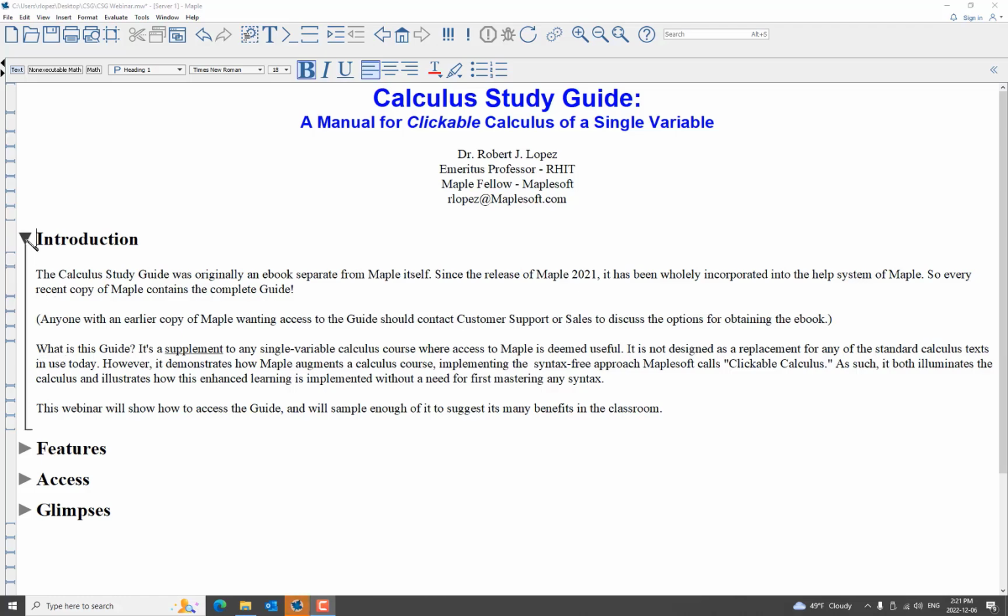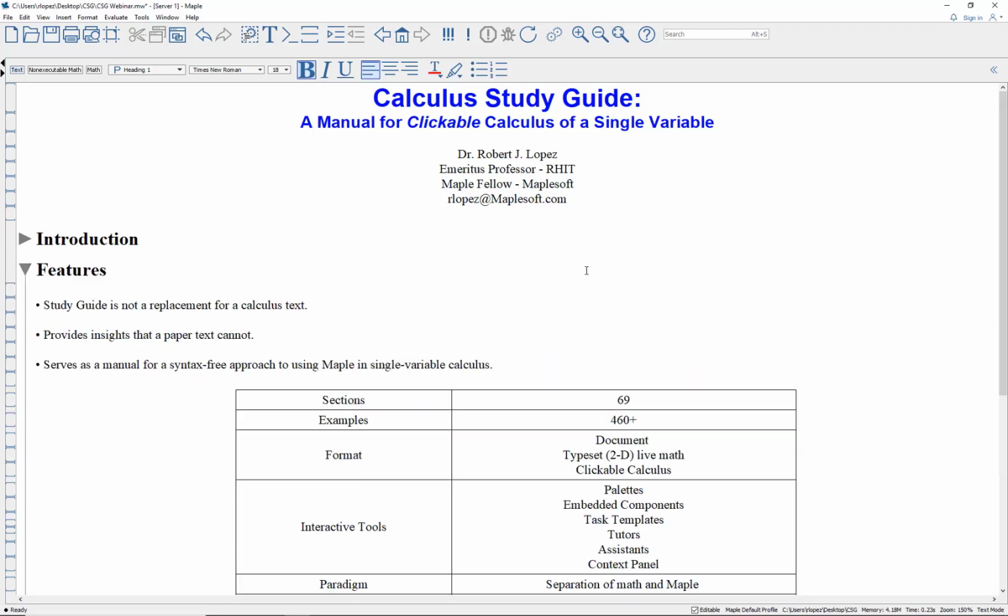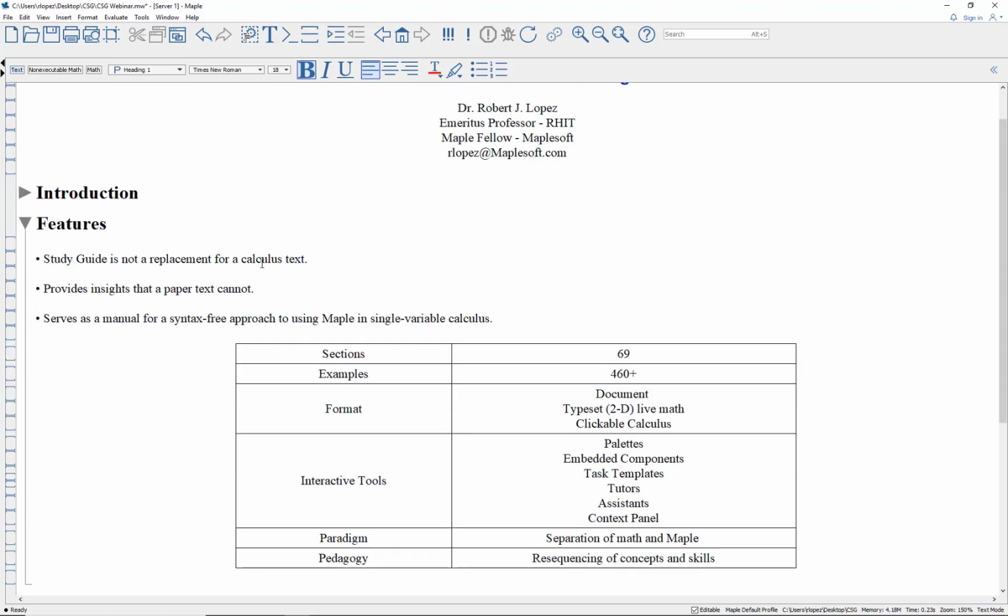Well, what are some of the features of this guide? As we said, it's not a replacement for a calculus text. We assume that the user has a calculus text at hand. But it provides insights that a paper text maybe can't. And it's a very good manual for implementing the syntax-free use of Maple in single variable calculus.